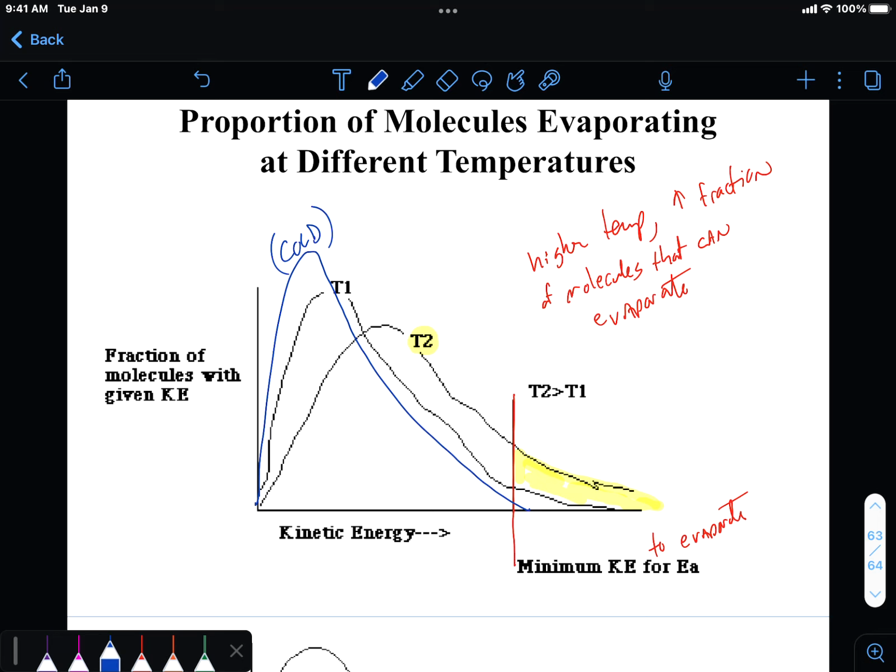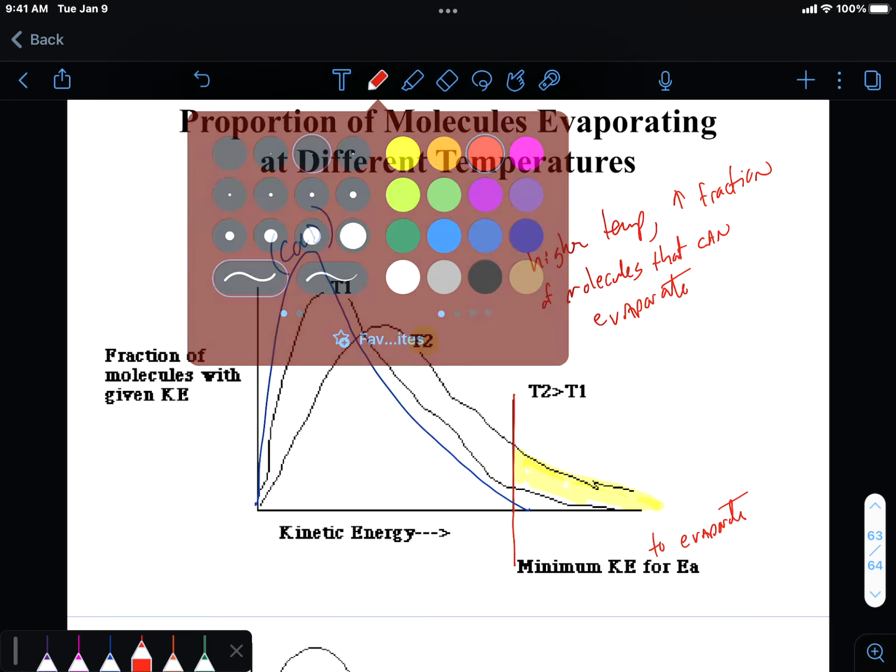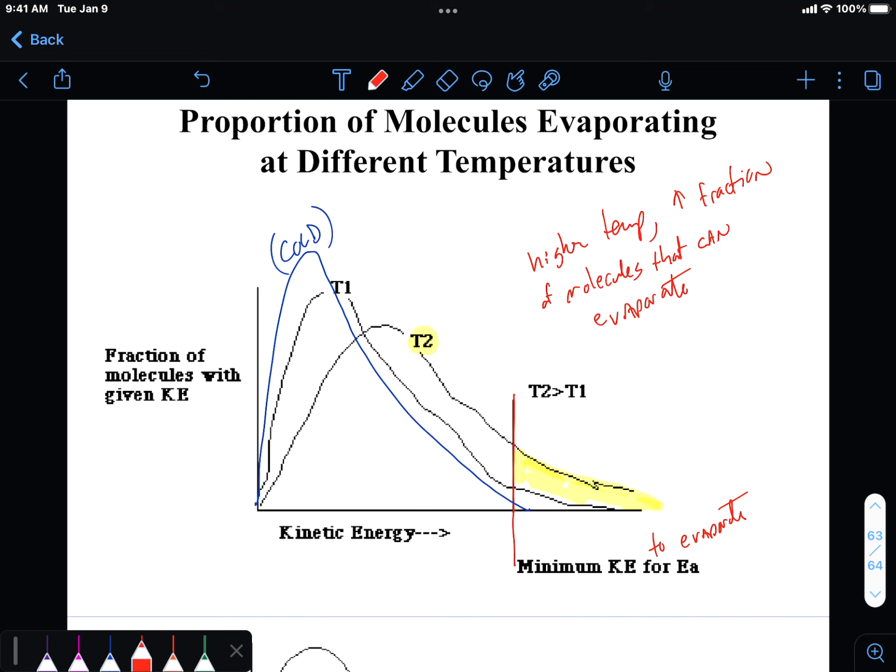What if I added a third temperature here where I heated it up even more? All right, so if I just get it near boiling, look how the curve changes.